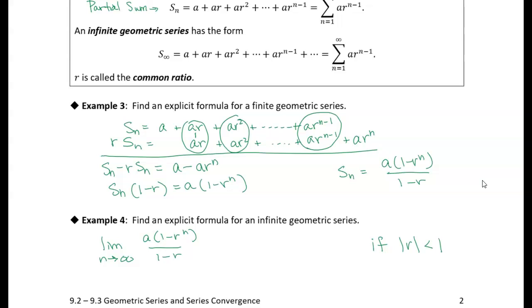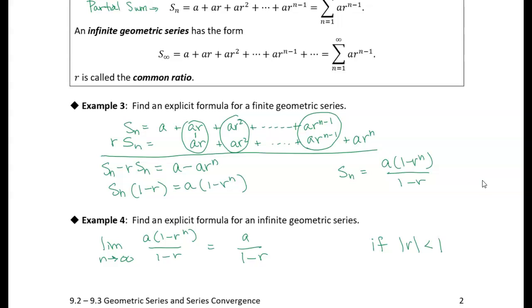We could have negative 1/2 or negative 3/8 or negative 11/16. As long as it's less than 1 and we're taking it to higher and higher powers, that term is going to get smaller and smaller. So that r to the n term goes to 0, and what we're left with is just 1 minus 0 times a, which is just a, all over 1 minus r.